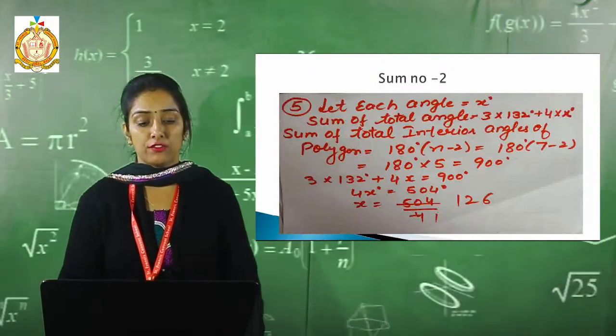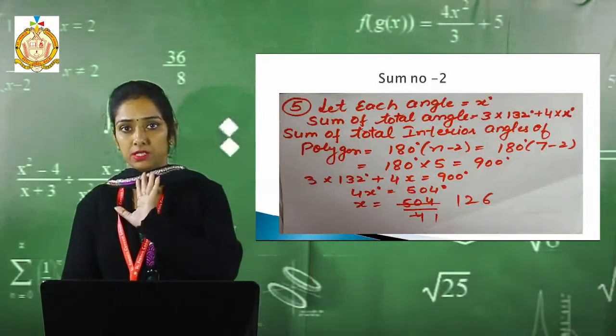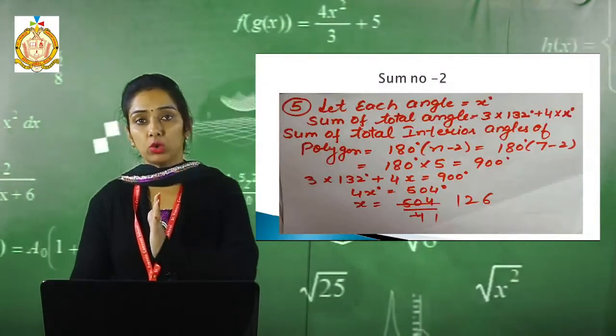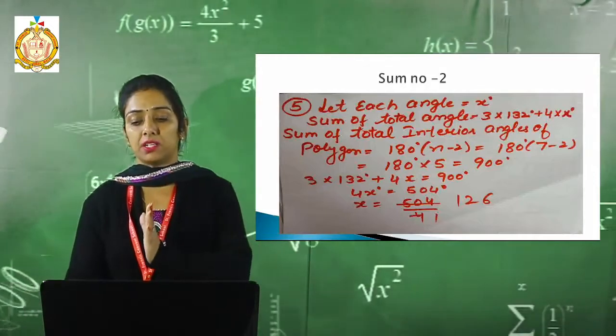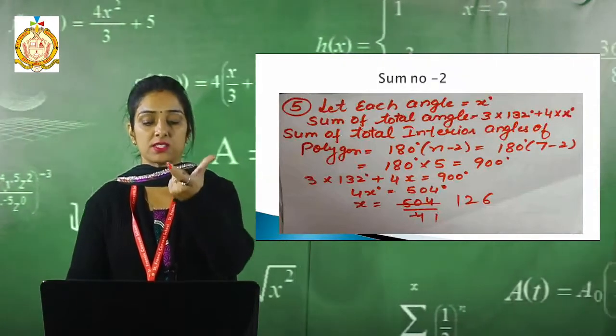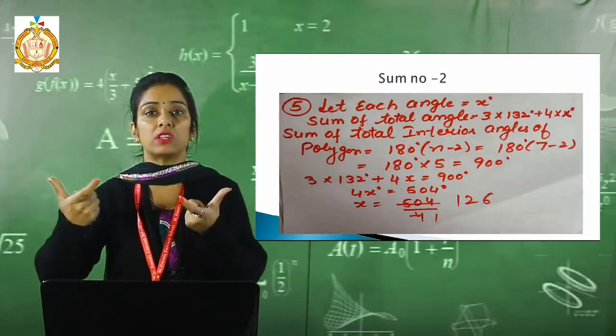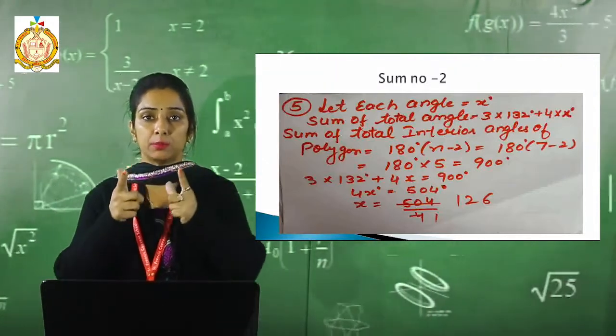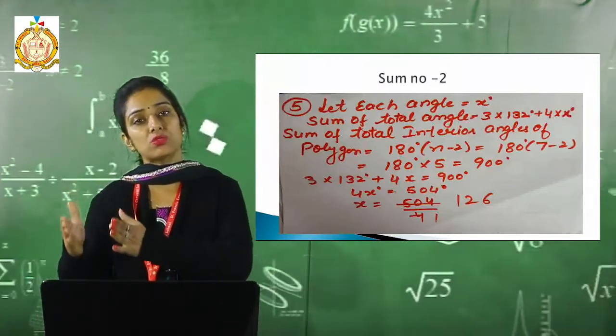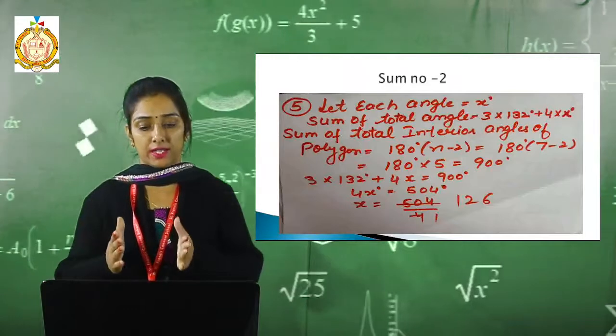Now see, first of all let each angle be x. Okay, the sum of total angles: because the first 3 angles are 132 and the last 4 angles are x, it is 3 multiplied by 132 plus 4 multiplied by x.